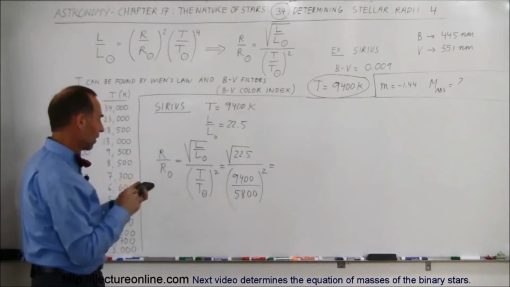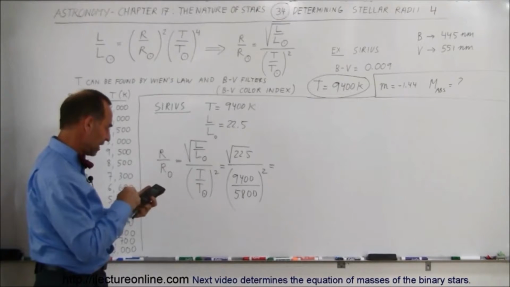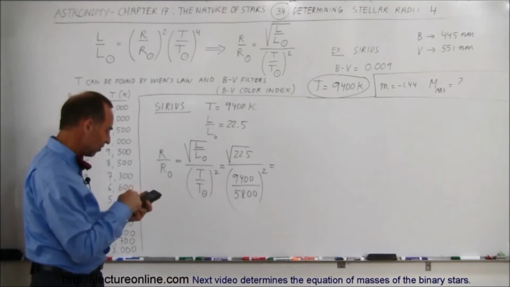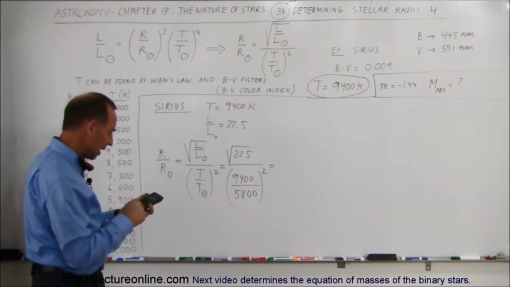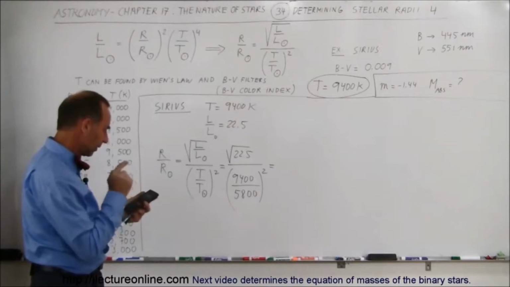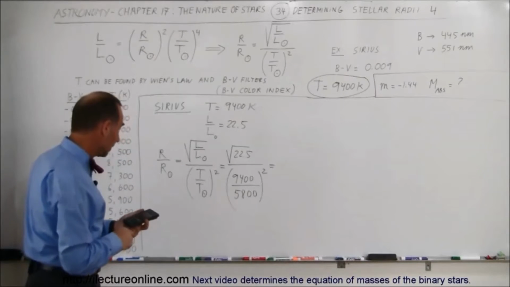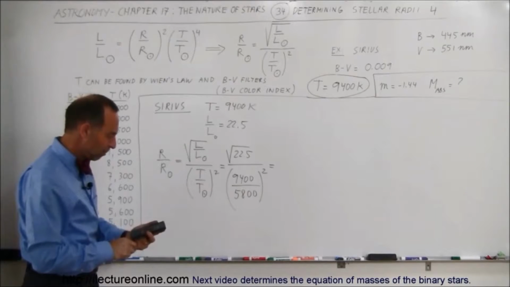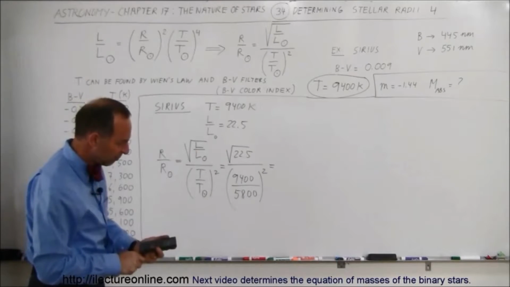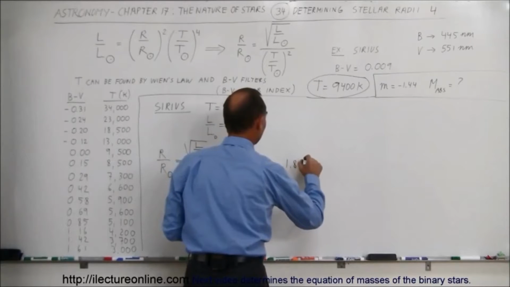Starting with the denominator, we have 9,400 divided by 5,800, and we square that, and then we take the inverse of that, because it's in the denominator, and we multiply that times 22.5, take the square root of that, and it turns out the radius is 1.805, close enough to 1.8 times the radius.